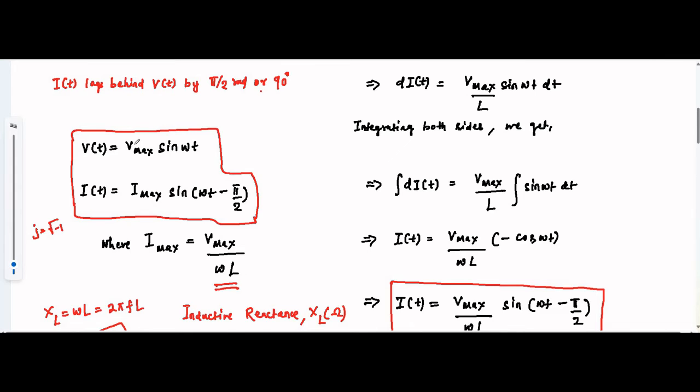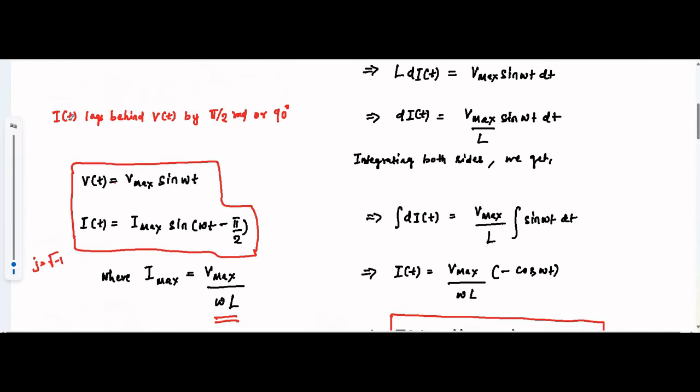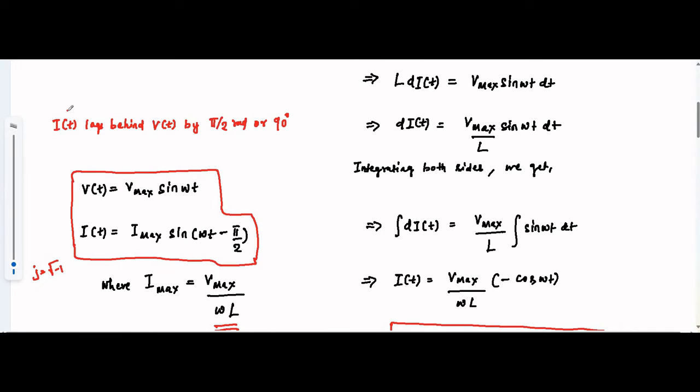This current lags behind voltage by pi by 2 radian or 90 degree, or we can say voltage leads current by pi by 2 radian or 90 degree. Okay, this is the thing.